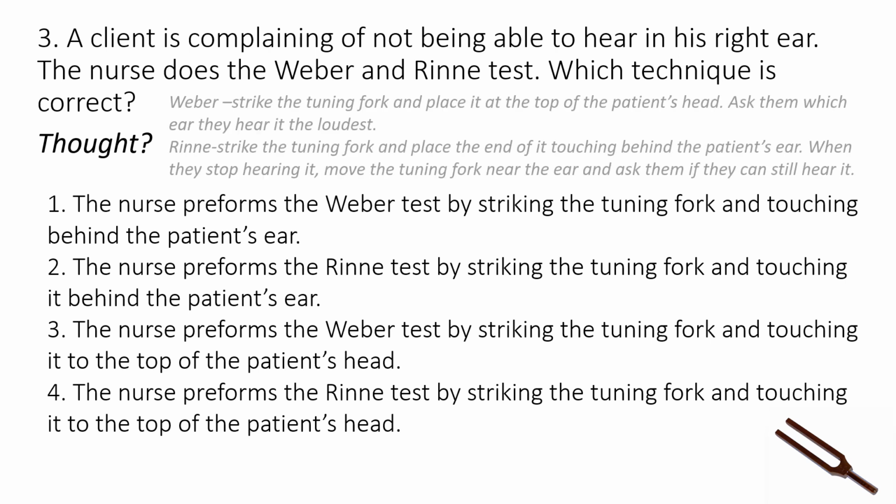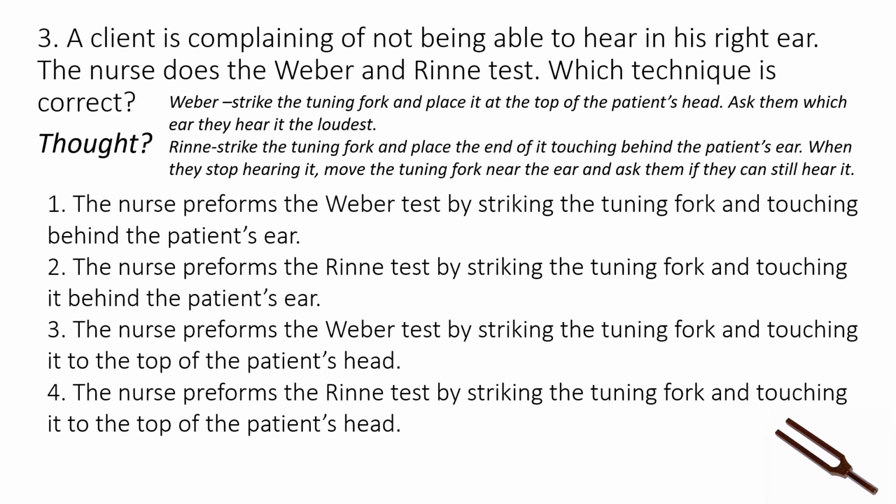This is just a content question. It's really just about the skill of the Rinne and Weber test, if you remember. So the thought should have been that the Weber test is when the nurse strikes the tuning fork and places it at the top of the patient's head and asks them which ear they hear it the loudest. The Rinne test is when they strike the tuning fork, place it behind the patient's ear, and when they stop hearing it, they should signal the nurse, and then you move it to the front of the ear and ask them if they still can hear it.